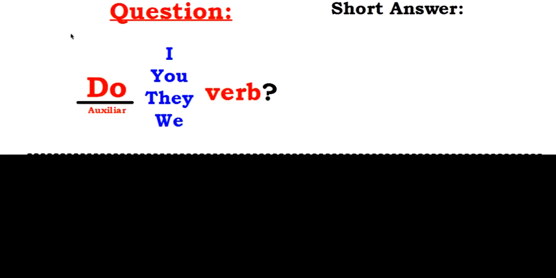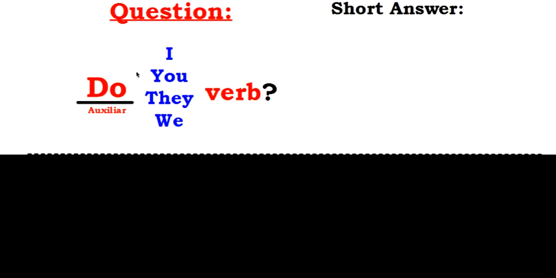Okay, today the grammar is the question for the simple present. In the simple present question, we start with an auxiliary. For the subjects I, you, they, and we, the question auxiliary is do. So do, then the subject, then the verb.